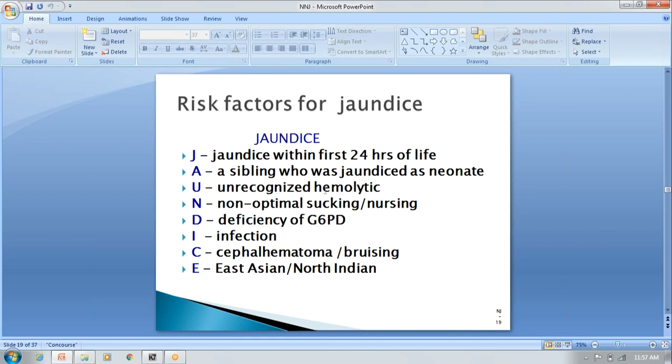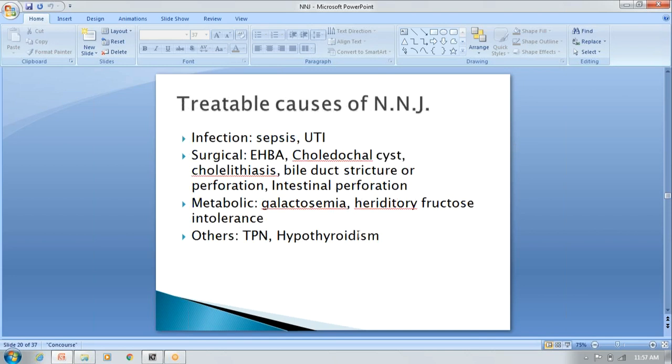N is non-optimal sucking or nursing, and D is deficiency of the G6PD enzyme. I is infection, and C is cephalohematoma or bruising and laceration, where concealed bleeding, intraventricular hemorrhage also, will be there. E is East Asian. It is very common in East Asians and North Indians who settle in the States. It is very commonly seen in newborn jaundice.